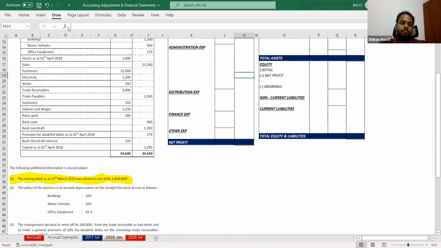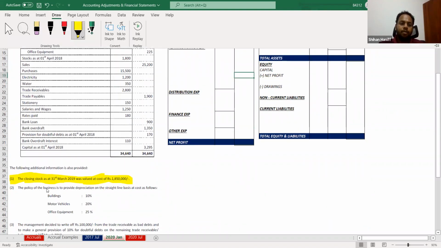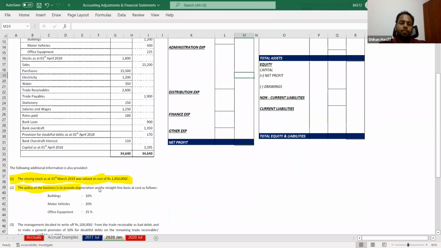Next, the policy of the business is to provide depreciation on straight line basis at cost as follows. Building 10%, motor vehicles 20%, office equipment 25%.